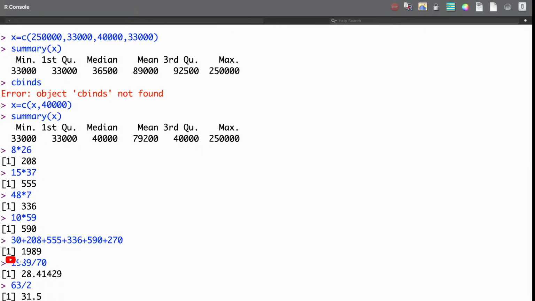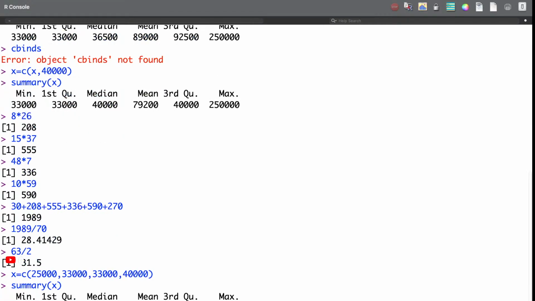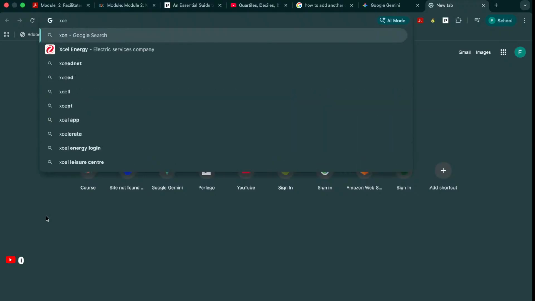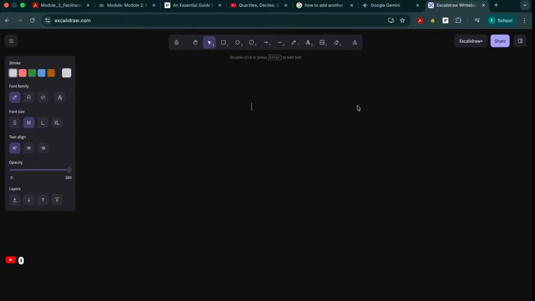Then we use summary to help us do it. Of course, if you are not lazy, you can do the calculation manually, but I think we don't have time.